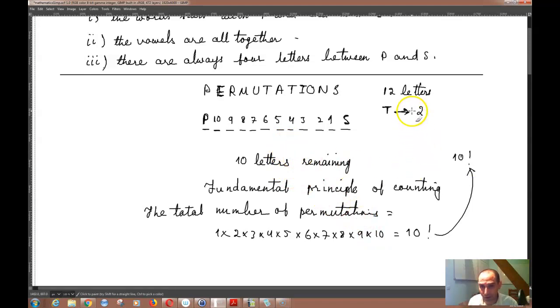Now the only thing that needs to be taken care of here is the fact that T occurs twice.